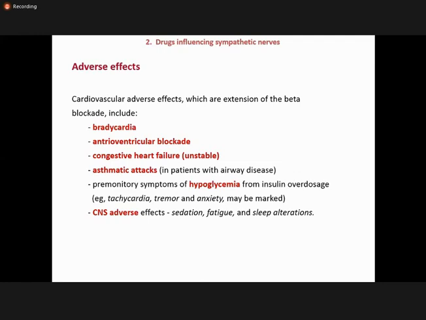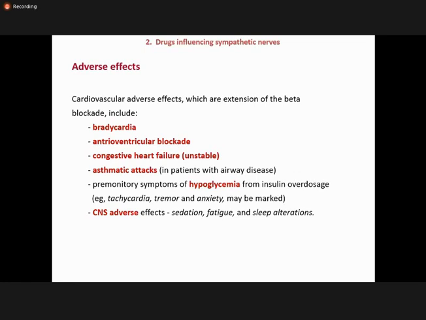Because stimulation of beta 2 receptors induces the process of glycogenolysis, promoting the release of glucose, right? So normally beta 2 receptor stimulation will lead to hyperglycemia. So suppose a diabetic patient is already taking an anti-diabetic drug, and we use a beta blocker.